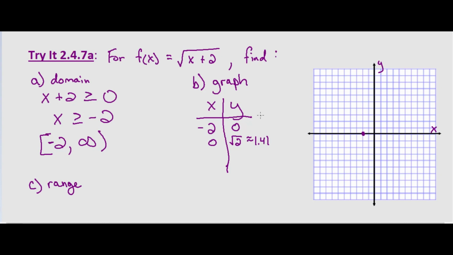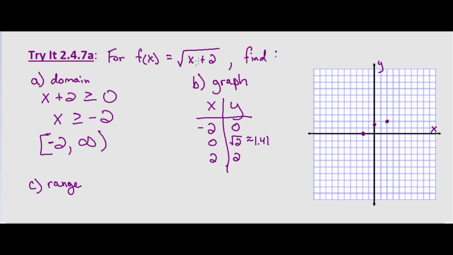So we go to 0, 1.41, which is right about in here. And now at 1, we'd have the square root of 3. Let's go to 2. F of 2 is the square root of 2 plus 2, which is the square root of 4, which equals 2. So we go to 2 and up 2.